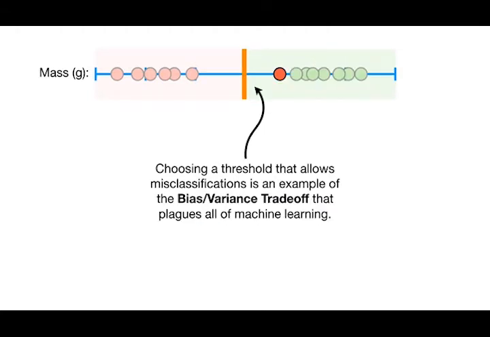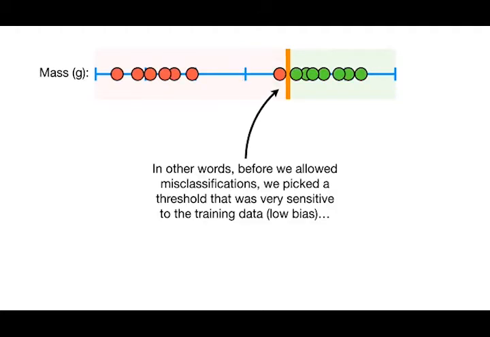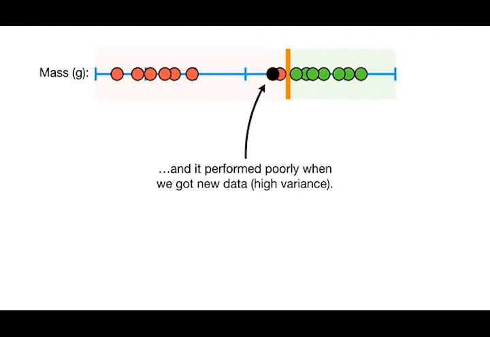Choosing a threshold that allows misclassifications is an example of the bias-variance trade-off that plagues all of machine learning. In other words, before we allowed misclassifications, we picked a threshold that was very sensitive to the training data. It had low bias. And it performed poorly when we got new data. It had high variance.